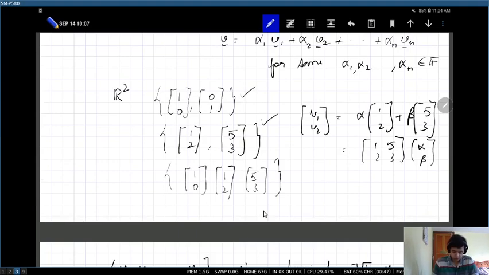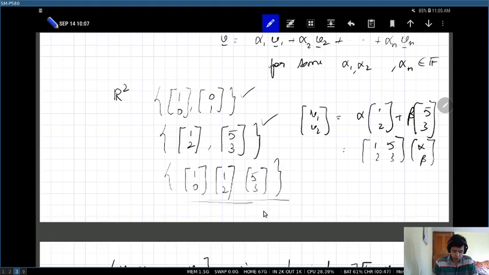But what about the third example over here? Clearly, if I remove any one of these three vectors, it still remains a spanning set for R2, right? Because I can get any vector in R2 by a linear combination of any two of these three vectors. So therefore, this is not a basis for R2.